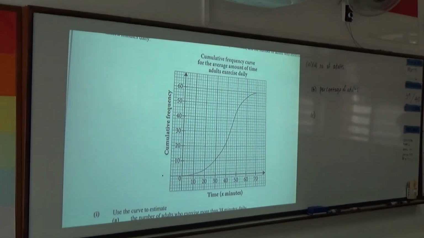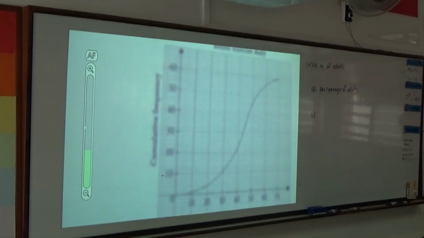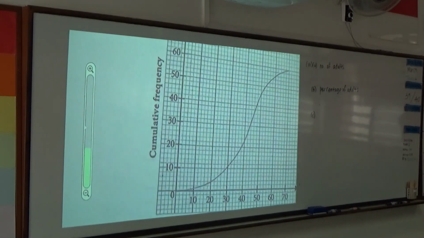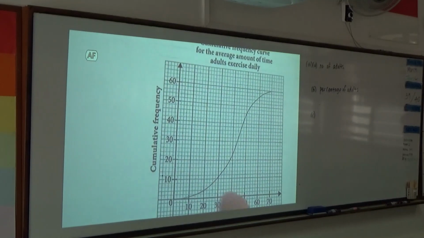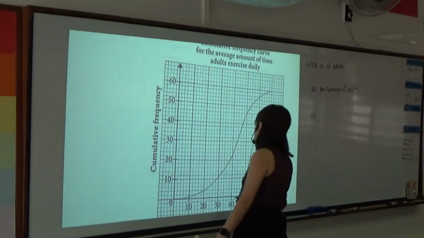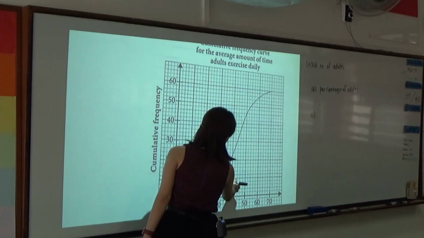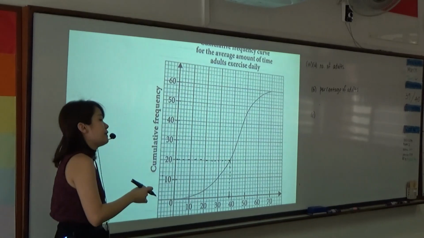Looking at the curve itself, this is a less than or equals to curve, right? So more than 38 minutes, we can read out where 38 minutes is first. That will be around here. Then we find from the curve that I can read 20 as a value.